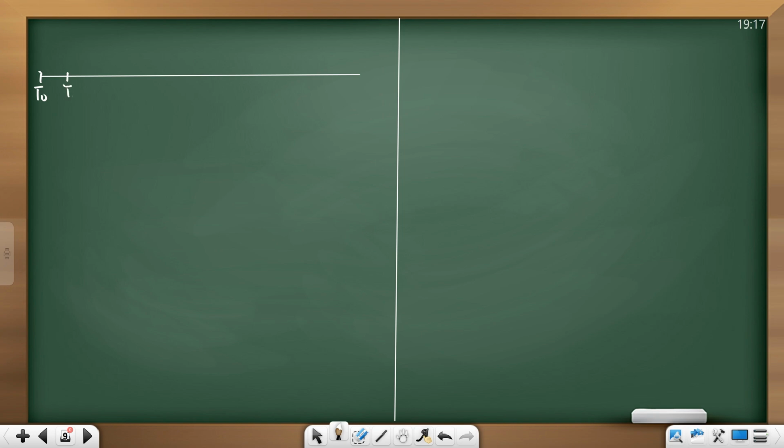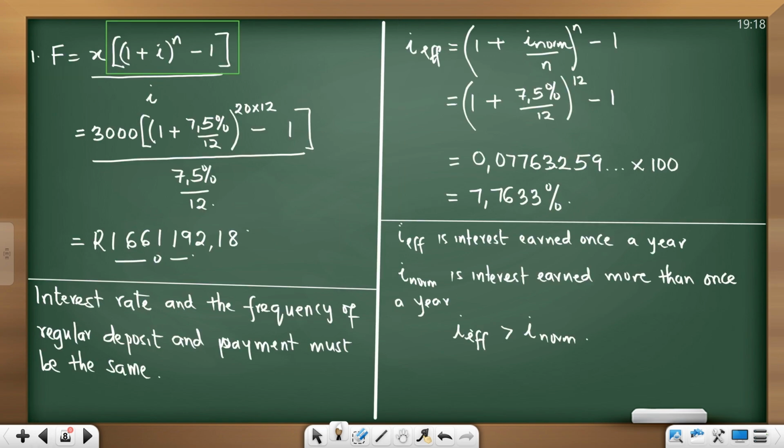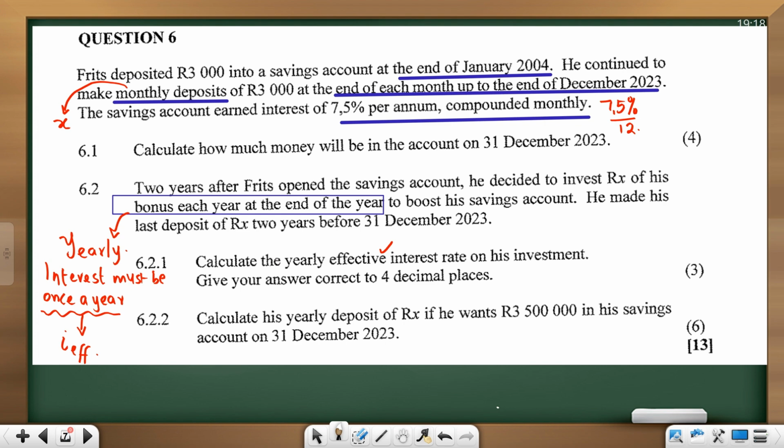T0, T1, but I won't count up to the end, right? T4, T5. All right, we got 20, remember? T19. Just to get how many payments or deposits he missed. Did he pay the first year? First year after, did he make a deposit? No. The question says 2 years after he opened.